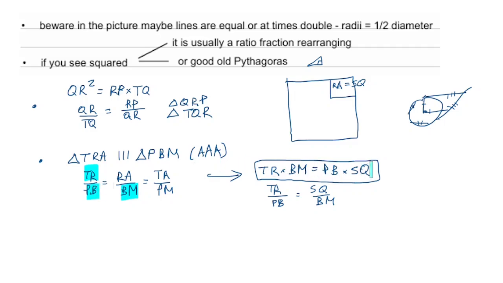And then SQ comes completely left field out of nowhere. So to me, it's a strong case for using these two fractions, because I've got three of the things that I need. And then because I've been disciplined and diligent and I've written which lines were equal, I see that RA is equal to SQ right from the beginning.